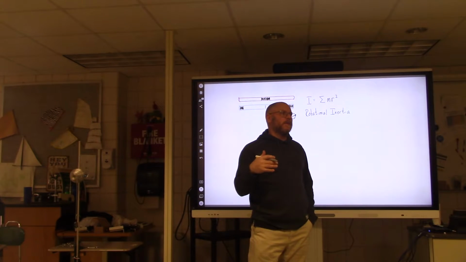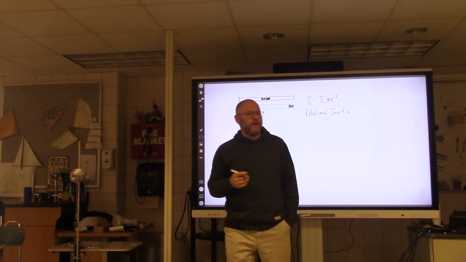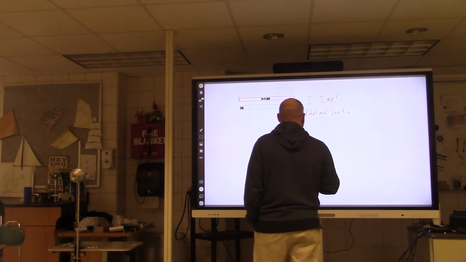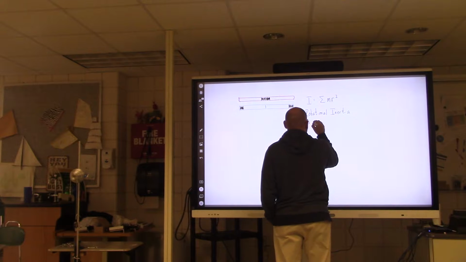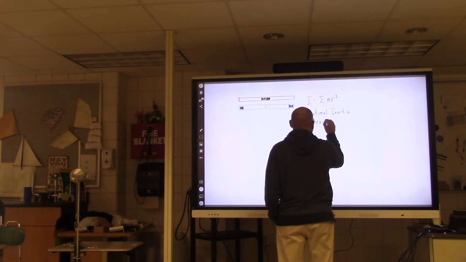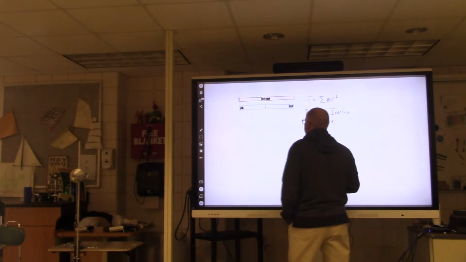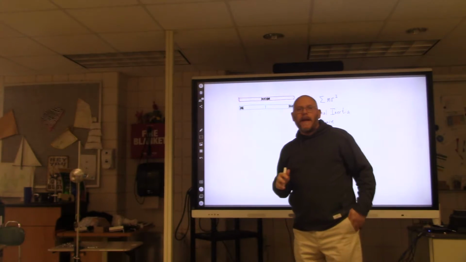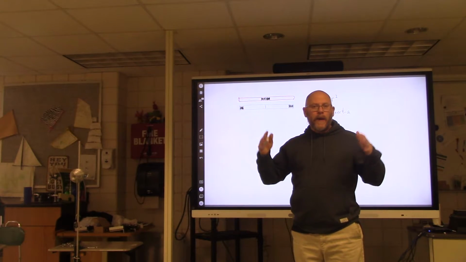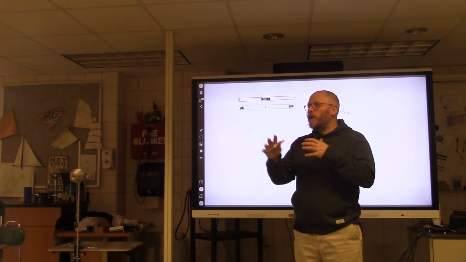Rotational inertia we call rotational inertia, or moment of inertia. Yes? So in this case, the radius is like the distance of the mass? Yes, that's what it always is. In terms of R, it's where the mass is distributed, the radius of the distribution of the mass. We're going to see a couple examples.